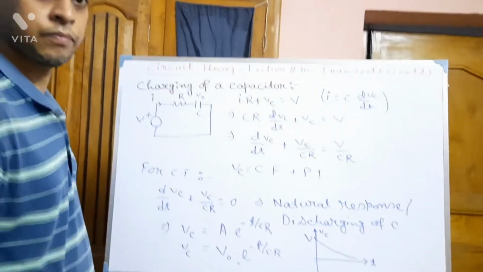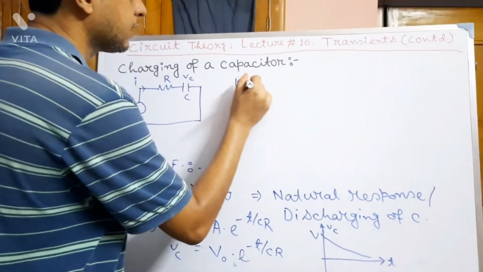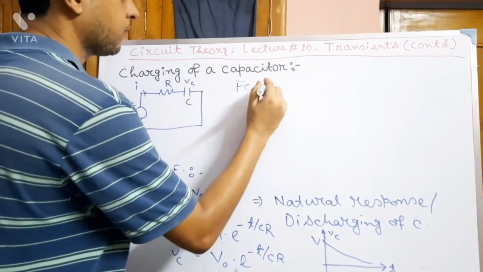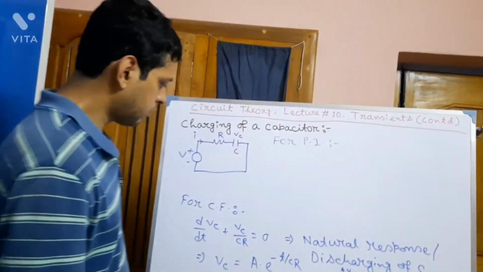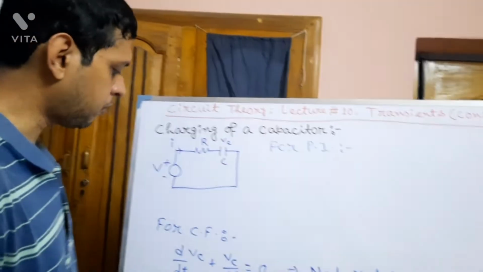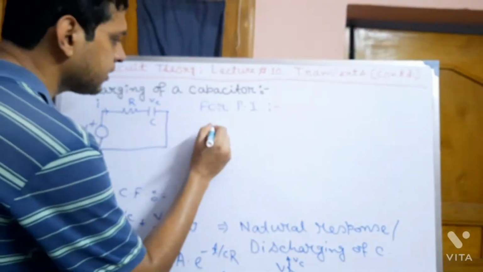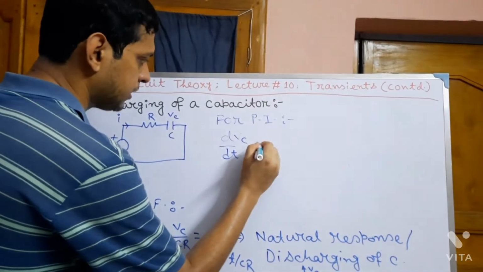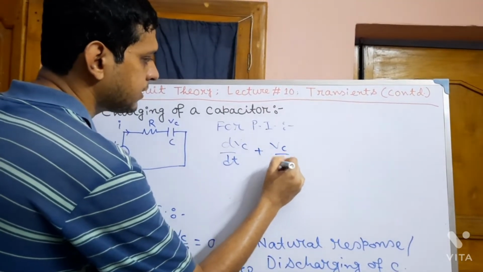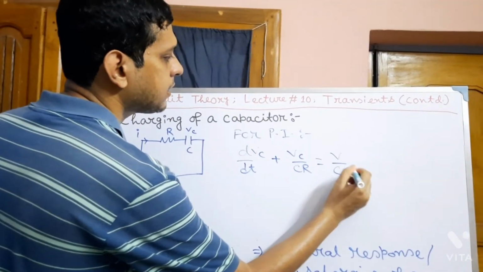Now, in order to solve for PI, we have to solve the equation dVc/dt plus Vc by CR equal to V by CR.